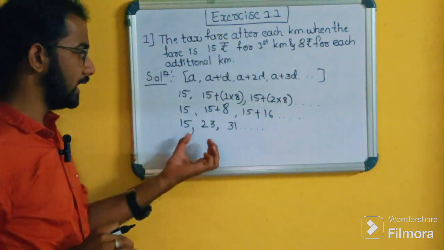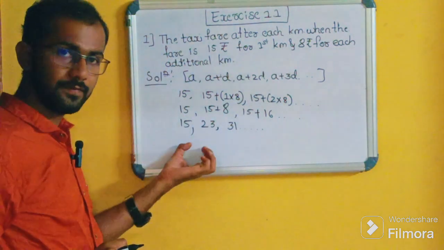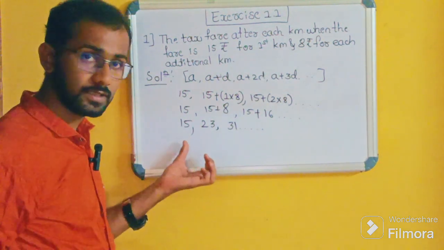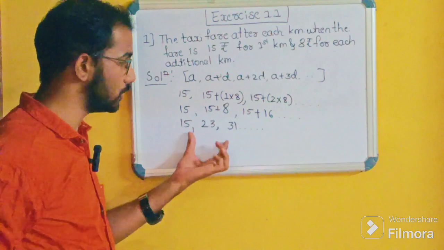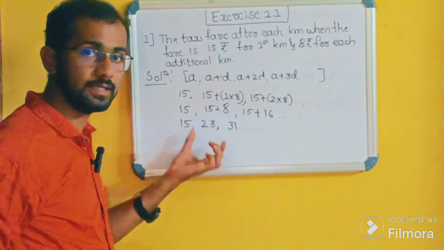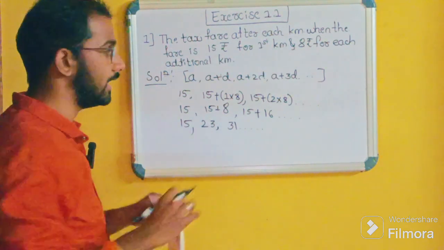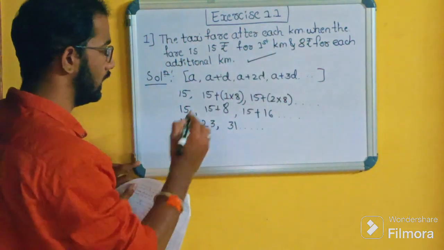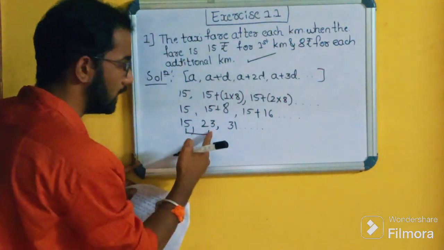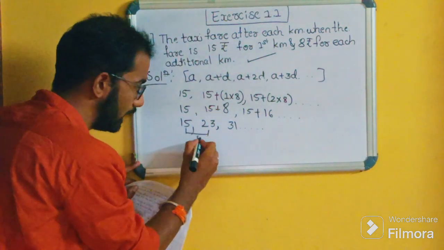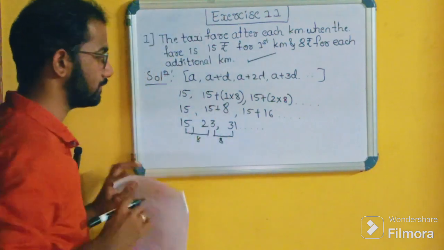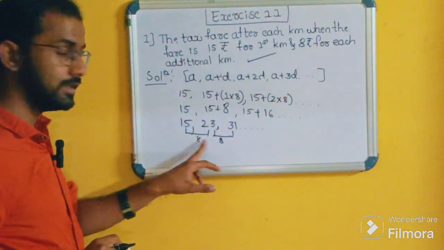Now check whether the difference between two consecutive numbers is the same or not. If the difference between each consecutive pair is the same, then we say that the given situation forms an arithmetic progression. See here, the difference between 23 and 15 is 8, and between 31 and 23 is also 8.